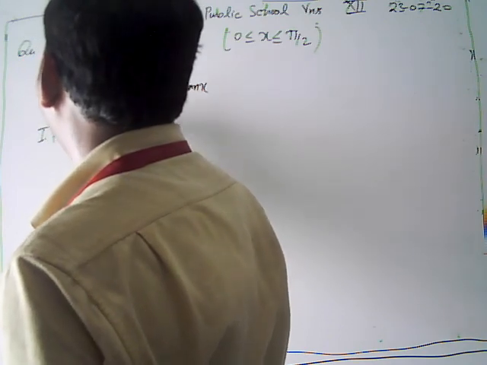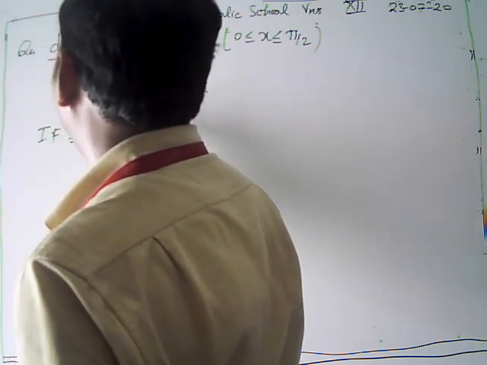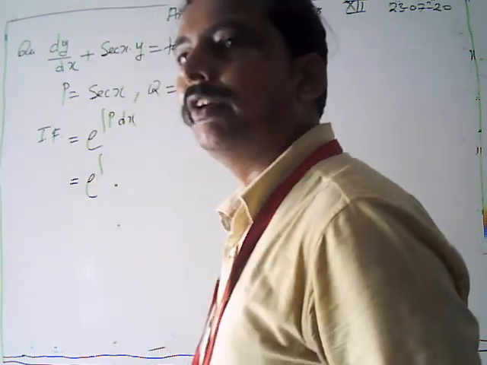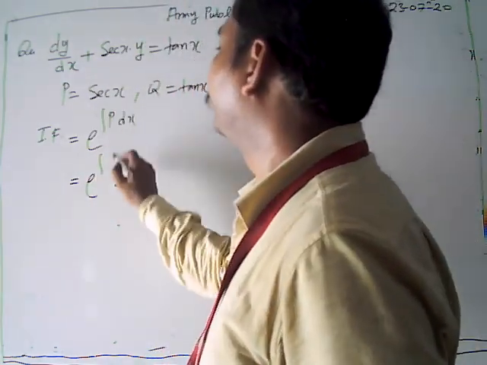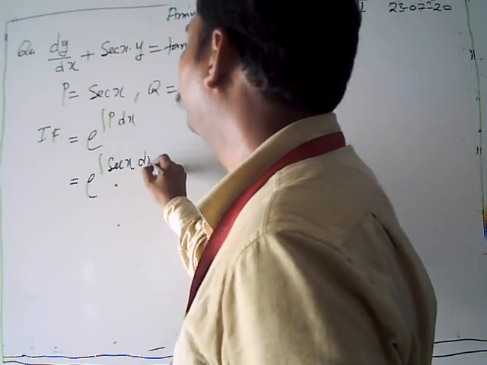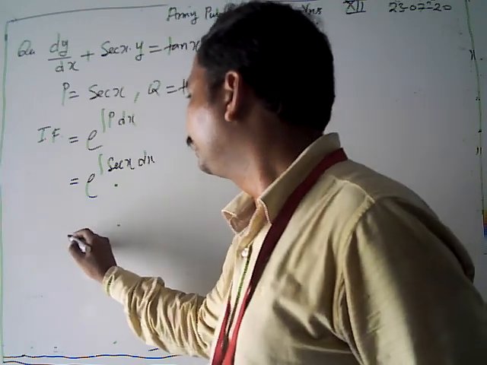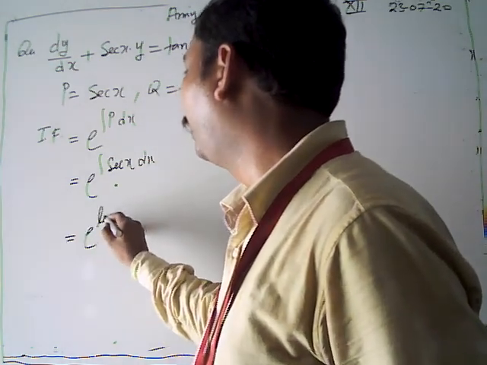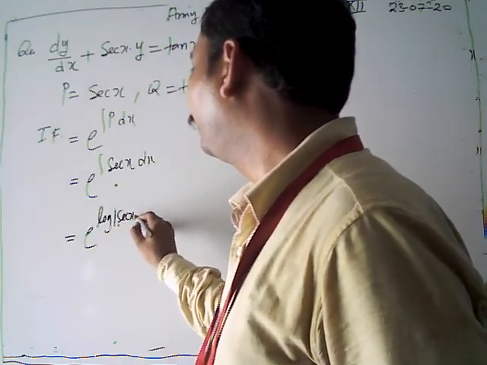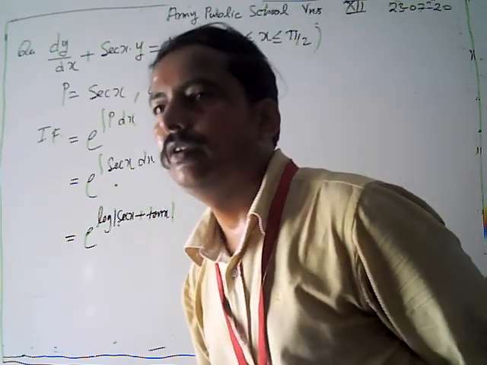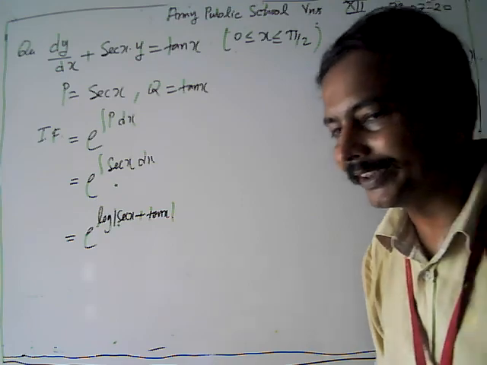It's e to power integration of P dx, e to power integration of sec x dx. What is the integration of sec x? We get log of mod of sec x plus tan x.